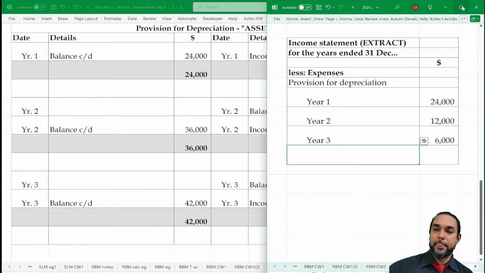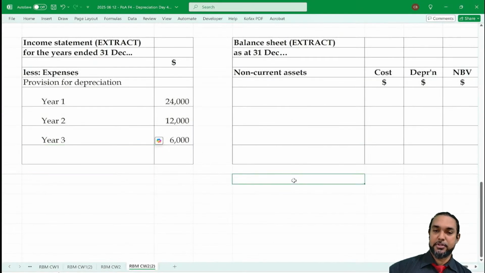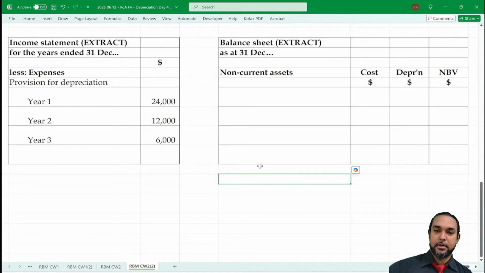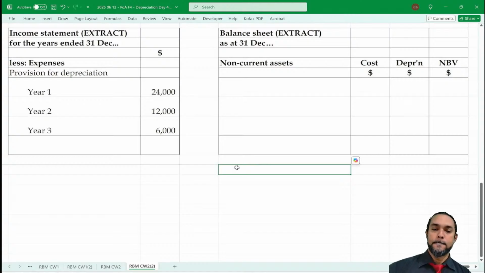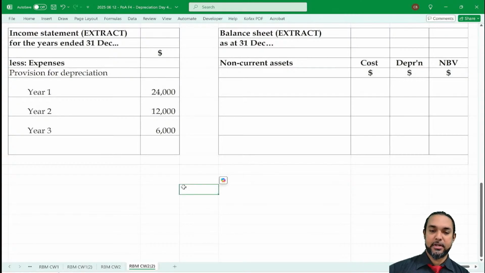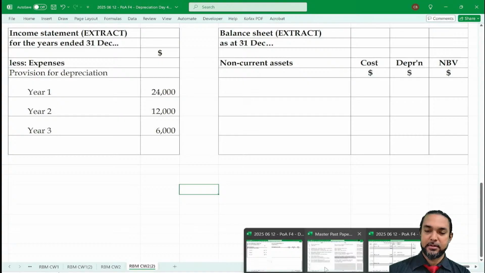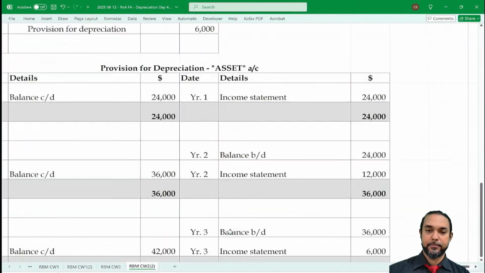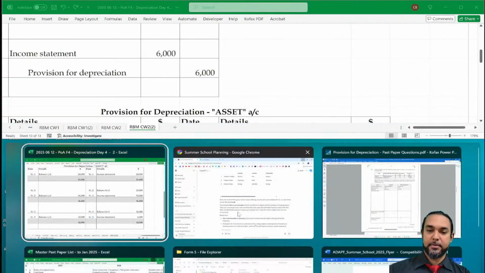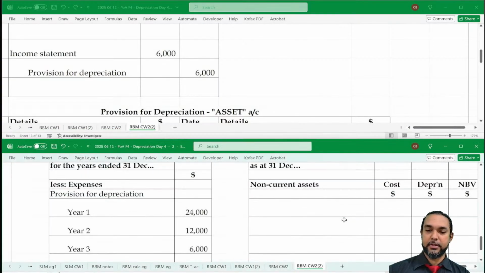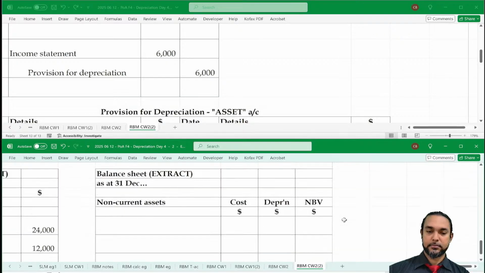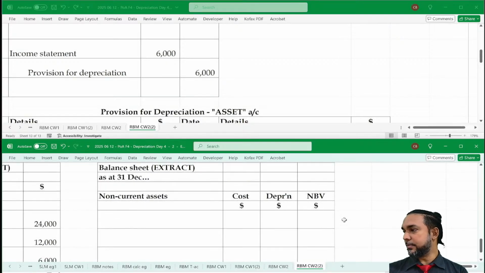All right, now the final item we have to do is the balance sheet extract. I do want to use the T account. I just have to try. Let me see how best to position stuff here. If we put that on the top there, this one below, and we go to it.